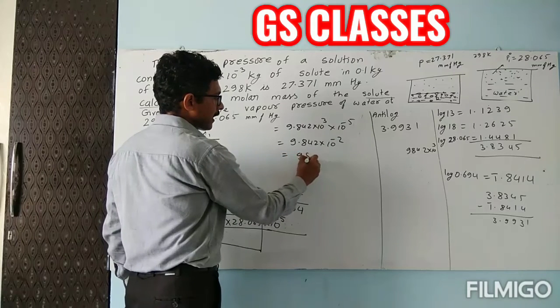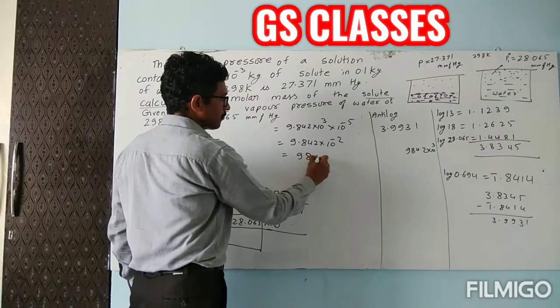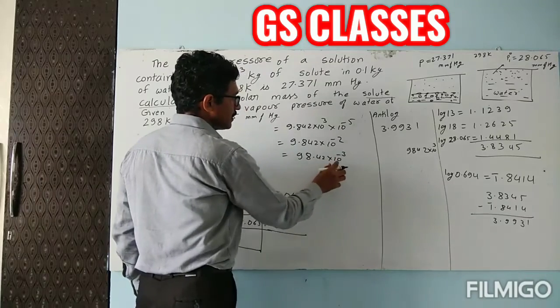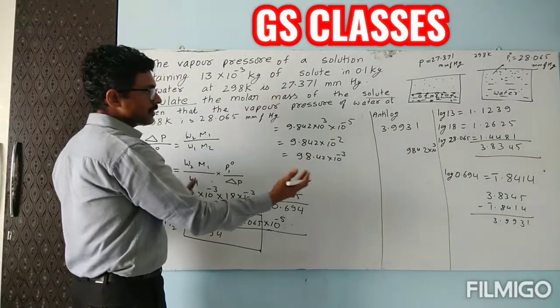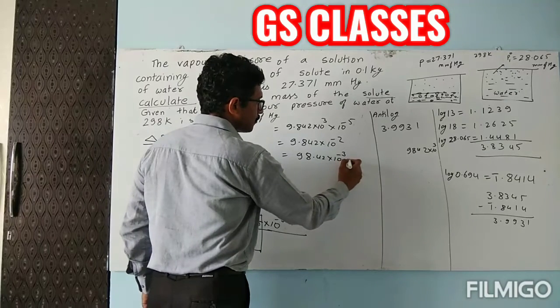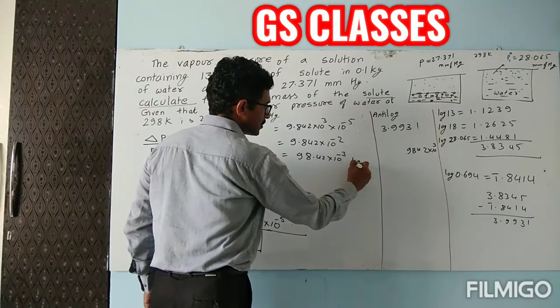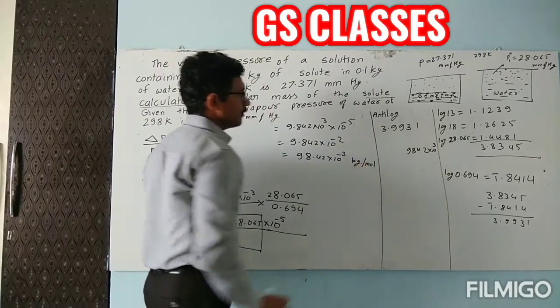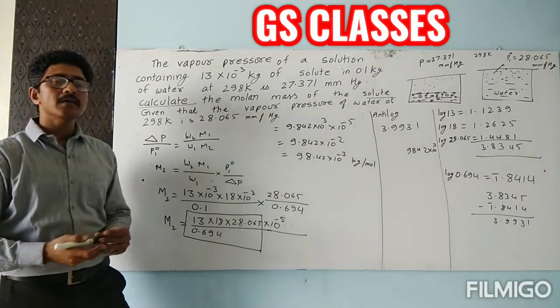I will write now 98.42 into 10 the power minus 3. This is all the calculation you have done in kg. So this much is the molar mass in kg per mole.